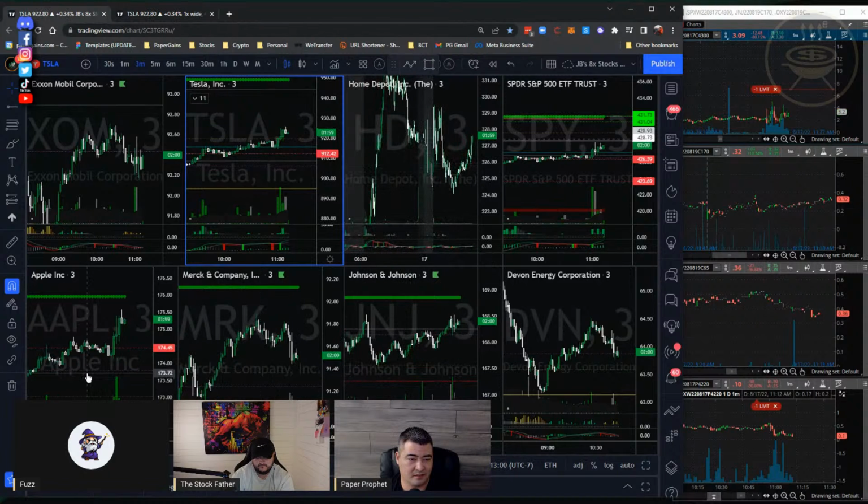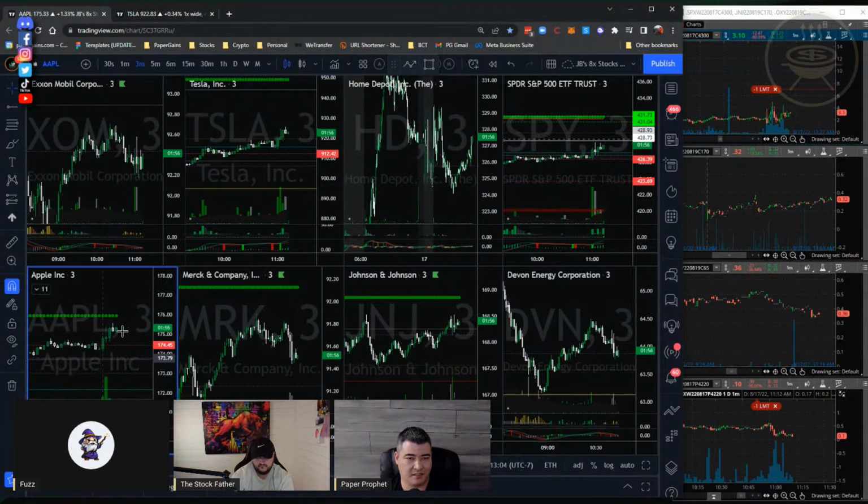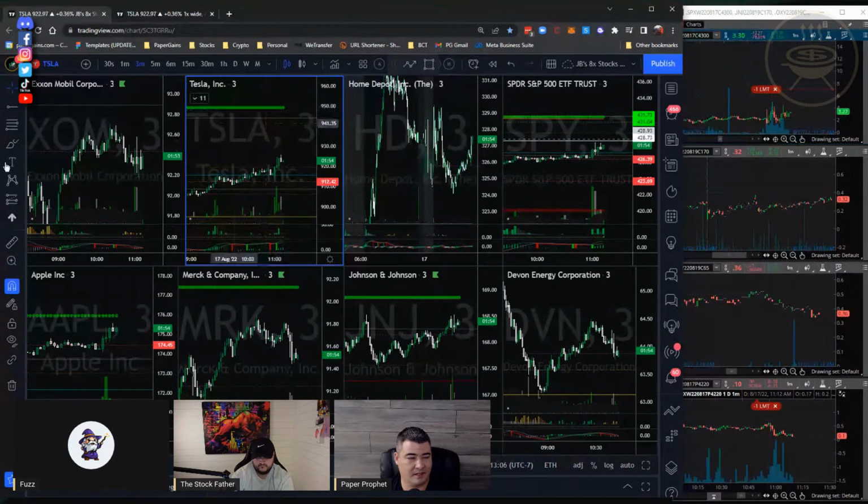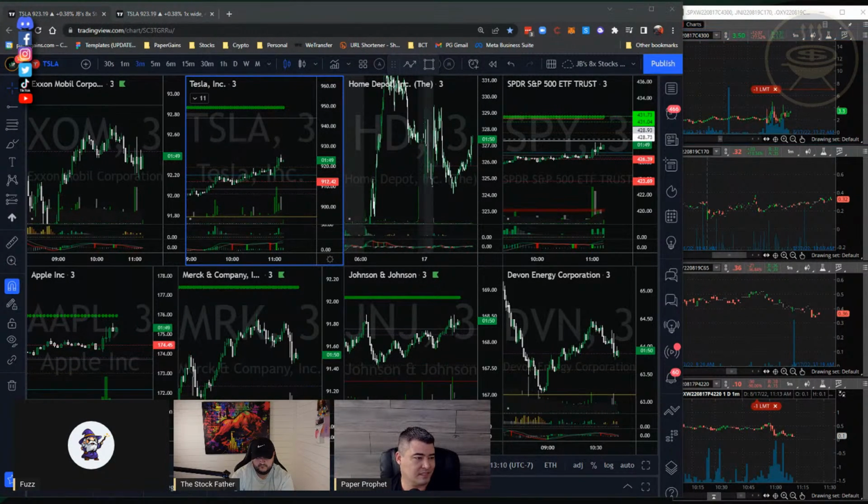Home Depot running. Apple over 175 and change is going to get you the pop, and 950 on Tesla would be the target. It's a little expensive. And then I'm looking at another monitor, by the way, so I'll look at volume on the option chains.